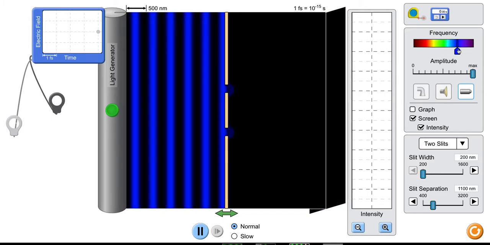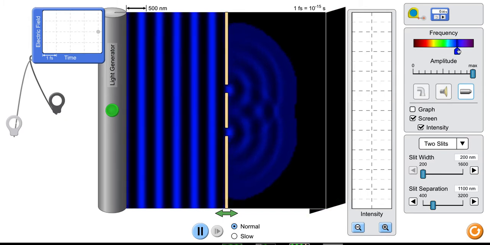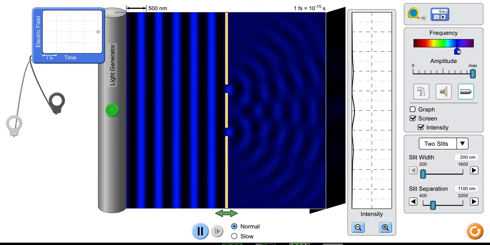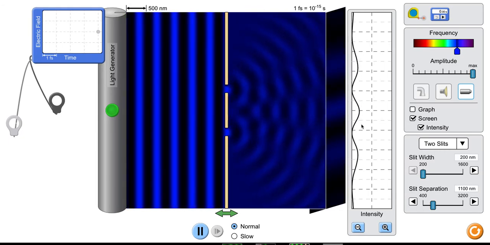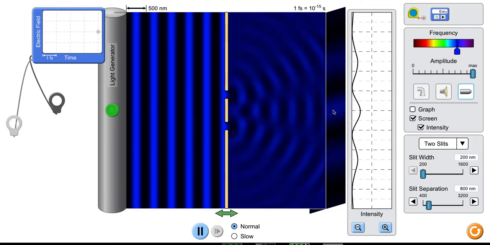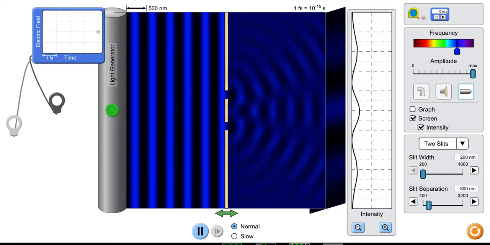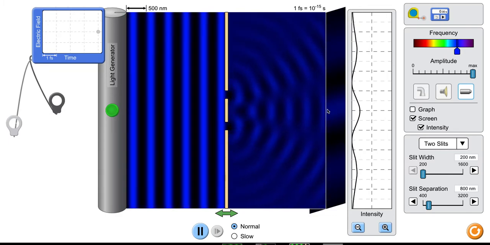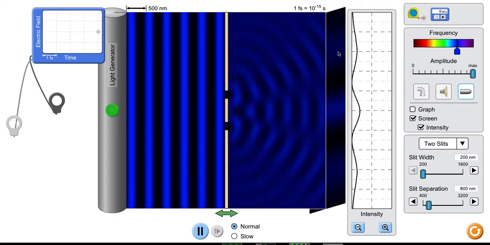So what I'll actually do is increase the frequency. This should define it better for us. You can see this inside tends to be a little bit brighter. And what we call this is actually the central or the zeroth fringe. This is a fringe. This is your first order, and then you have your second order, and so on.